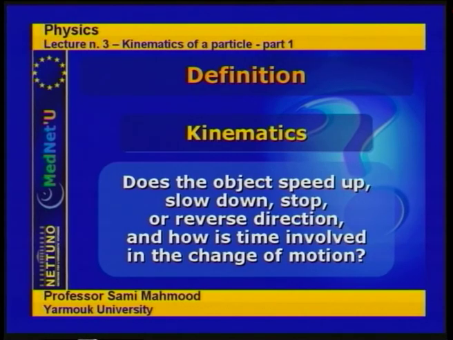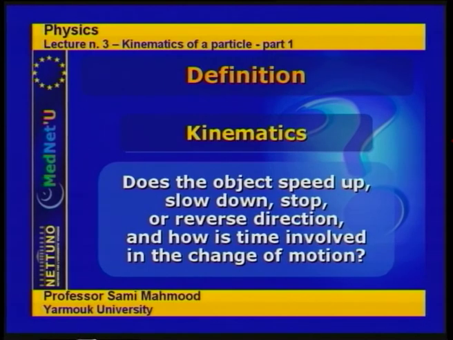What do we need? What do we mean by the description of motion is to identify whether the object is stationary or moving. If it is moving, how fast it is moving.